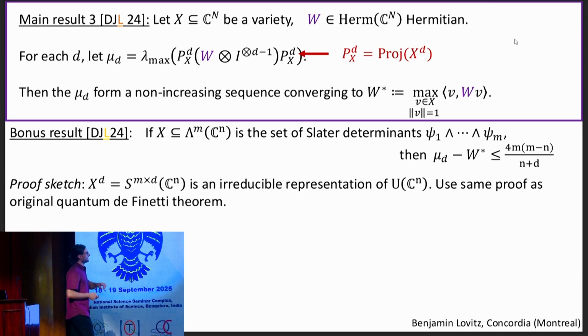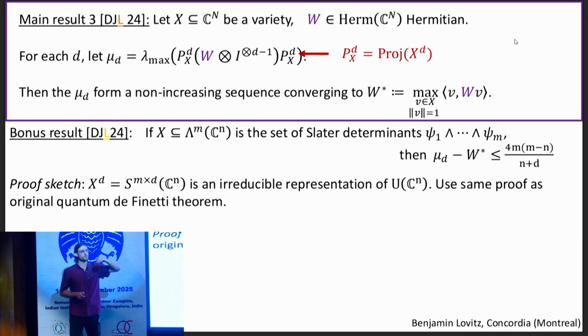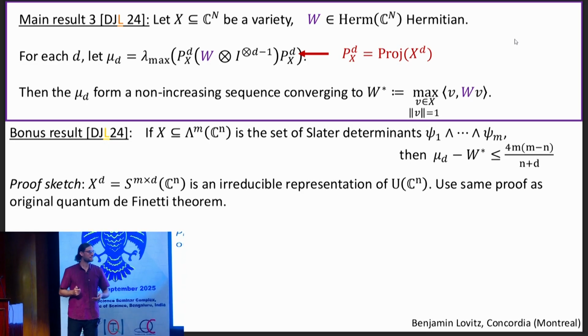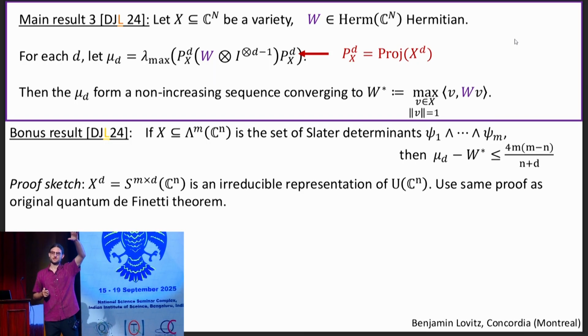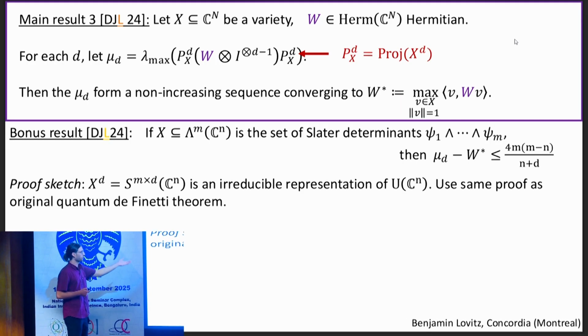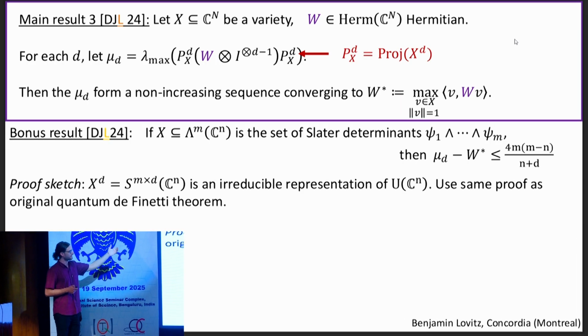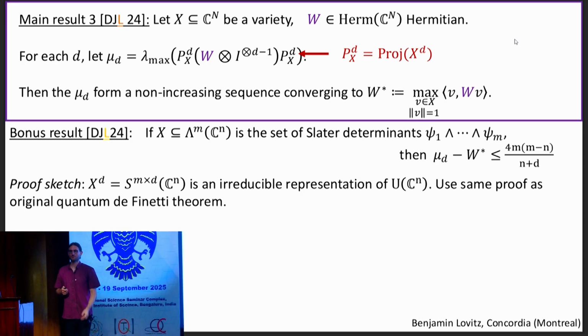A proof sketch is that this space XD happens to be an irreducible representation of the unitary group. If this lifted space happens to be an irreducible representation of some group acting on your space, then you get a quantum de Finetti theorem for free.